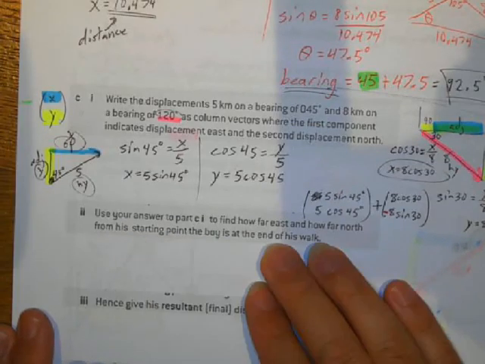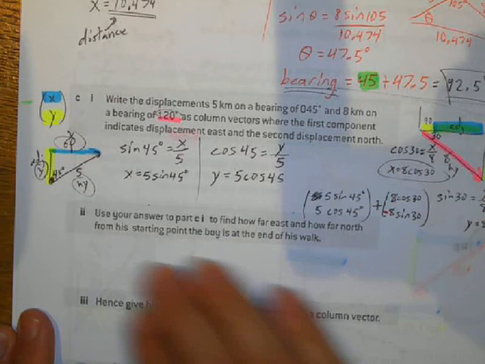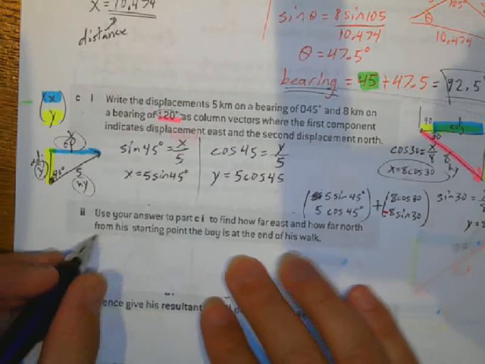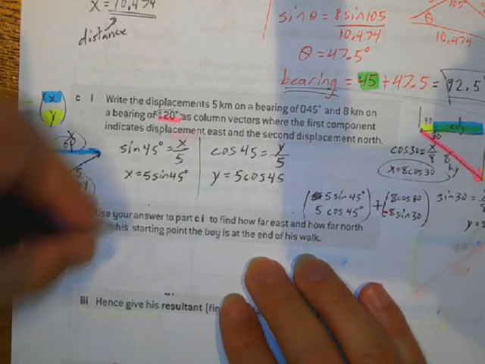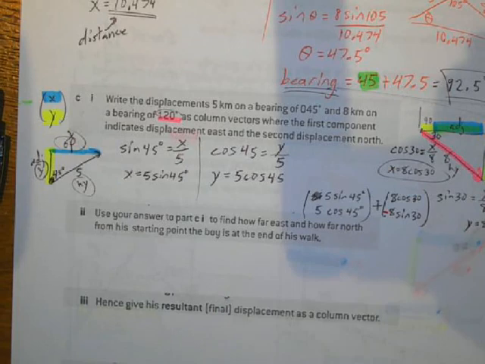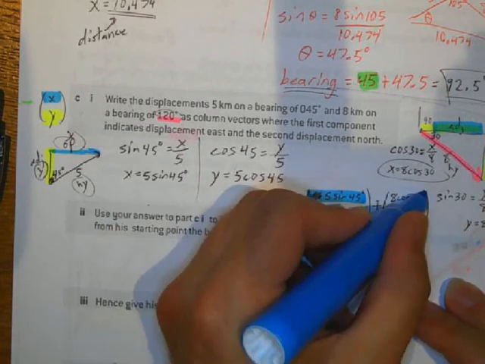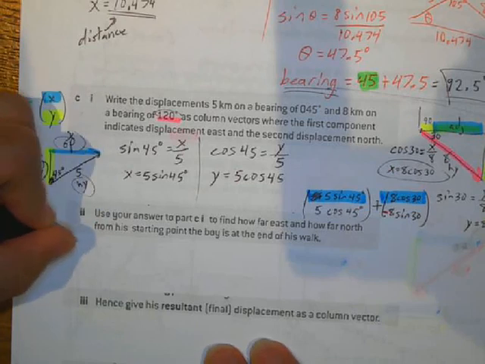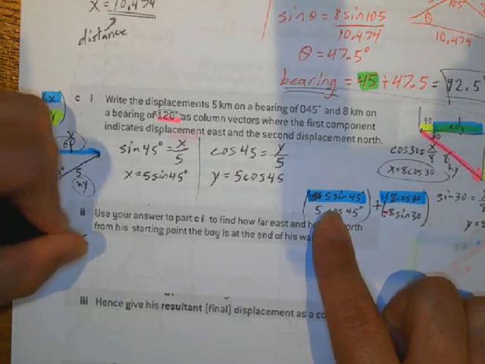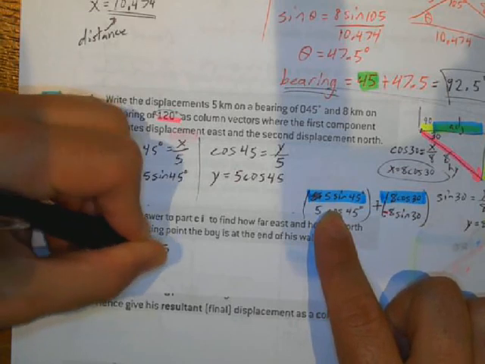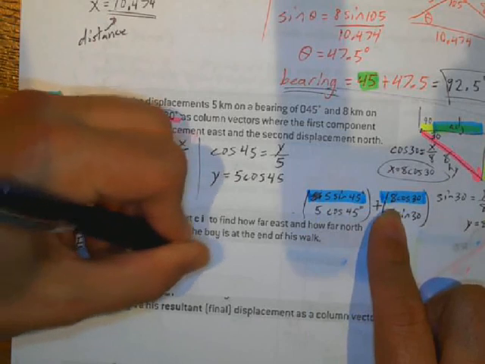All right. So you're going to use this answer to find out how far east and how far north we've gone from the starting point to the end of the walk. So to find east, we're going to use the x values. We're going to use this and this. So for east, we're going to do 5 sine 45 plus 8 cosine 30.